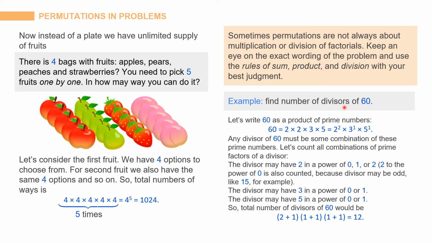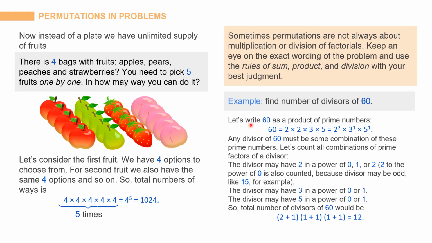This can also sometimes be asked: find the number of distinct factors of the number 60. So basically, how many integers can 60 be evenly divided by with no remainder? And this has to, of course, include 60 and 1 itself.